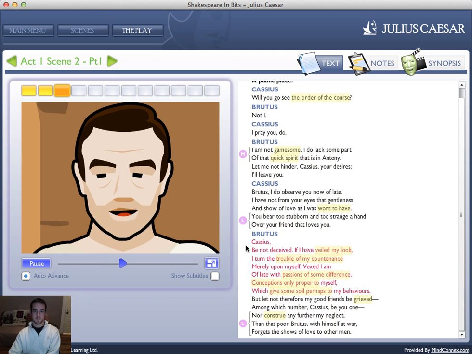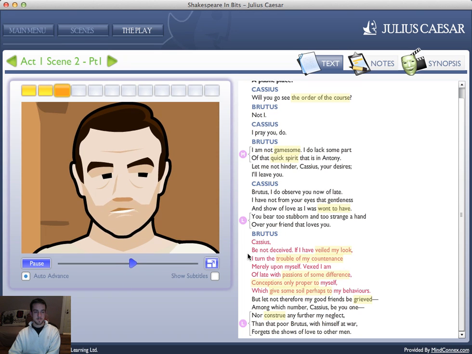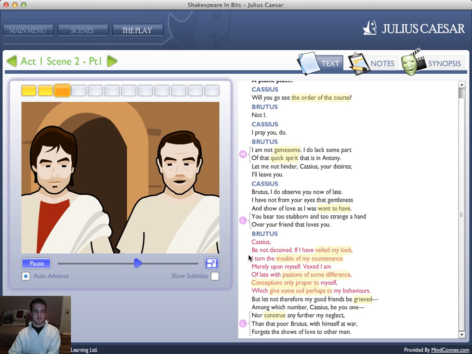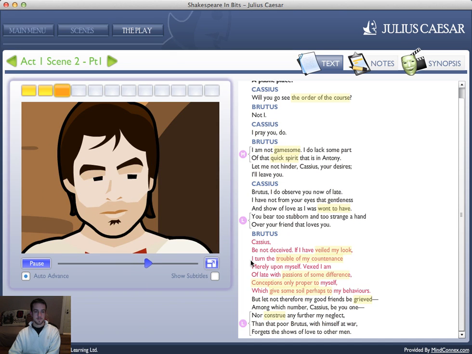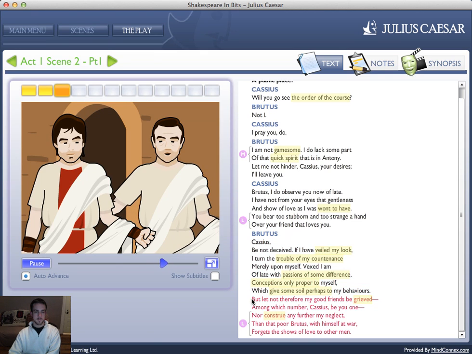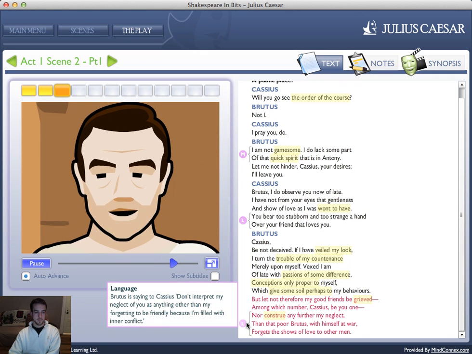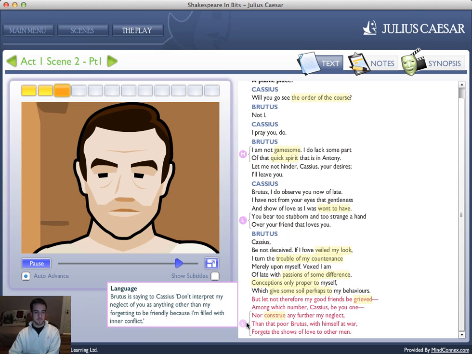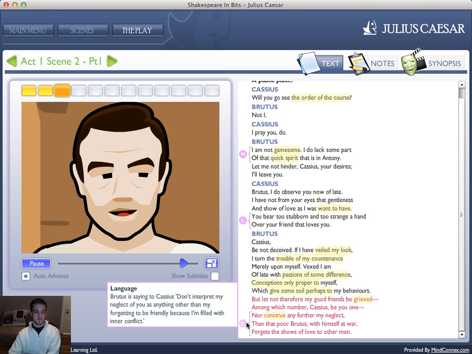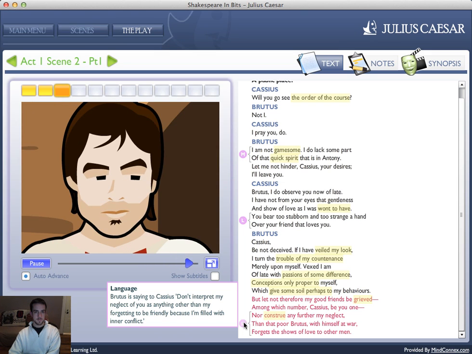If I have veiled my look, I turn the trouble of my countenance merely upon myself. Vexed I am of late with passions of some difference, conceptions only proper to myself, which give some soil, perhaps, to my behaviours. But let not, therefore, my good friends be grieved, among which number, Cassius, be you one, nor construe any further my neglect, than that poor Brutus, with himself at war, forgets the shows of love to other men.